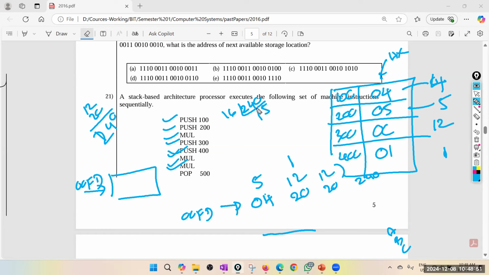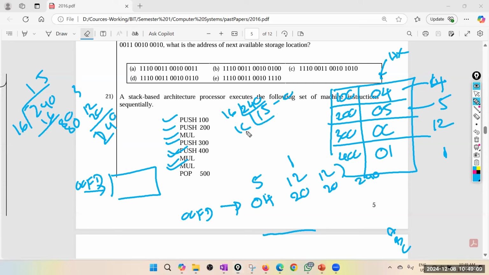Let's divide it like this. 240 divided by 16. 16 times 15 is 240, so nothing remains.